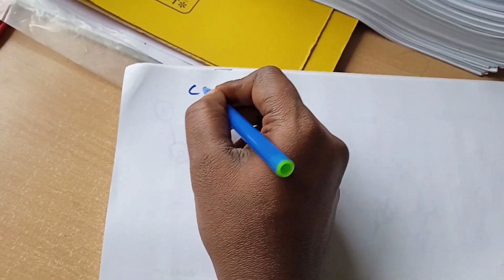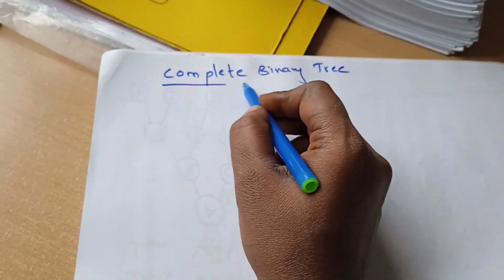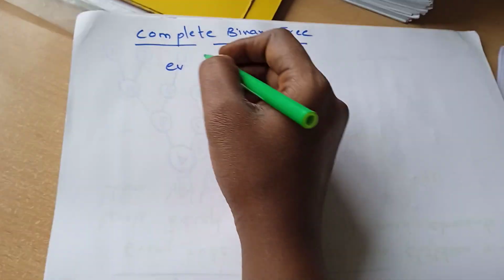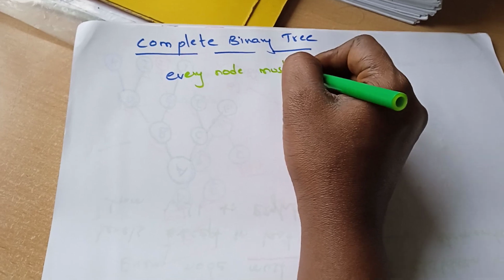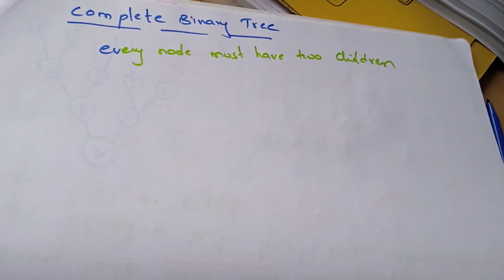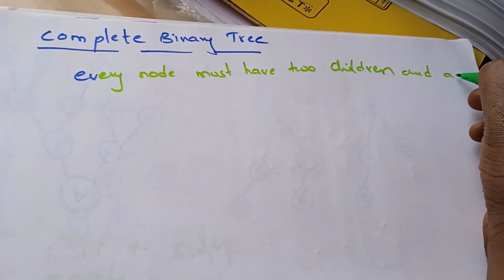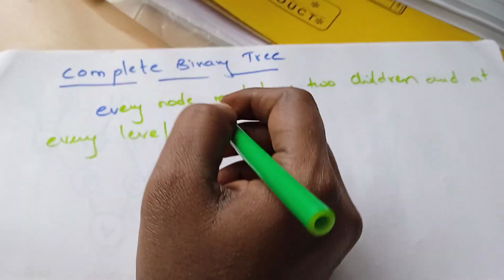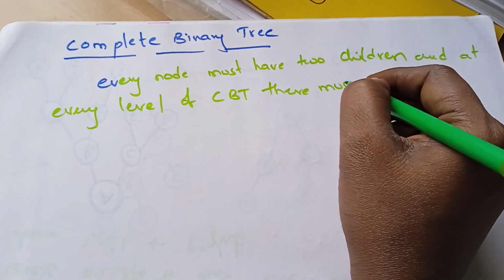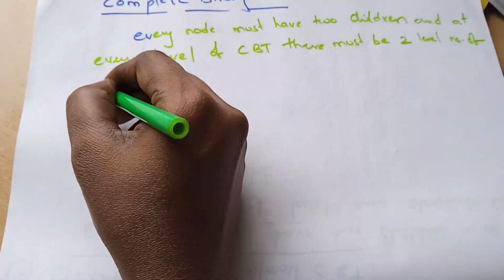In a complete binary tree also, every node must have two children, and at every level of a complete binary tree, there must be two to the power level number of nodes.